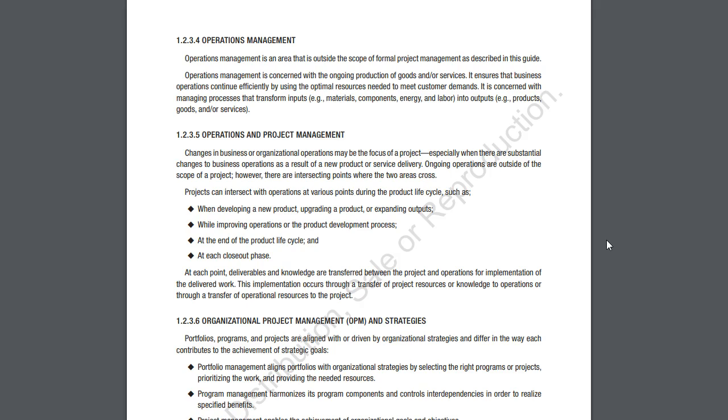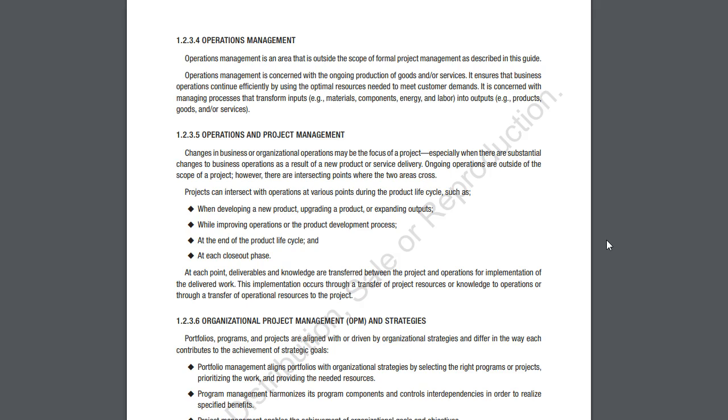So operations management, again, even our book says, nope, outside the scope. So we cover that in another class. So all those horrible math formulas about how to maintain operations and inventory in process and work in process inventory and all those things, those we don't have to deal with.